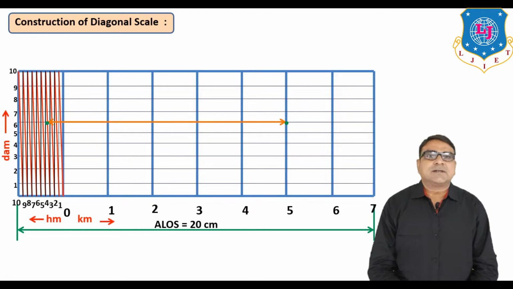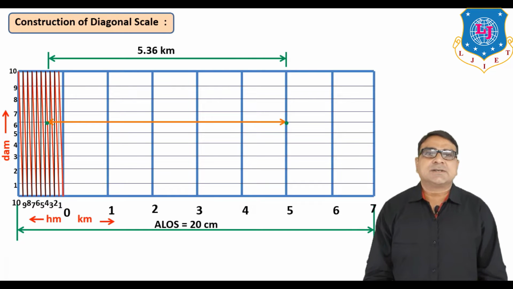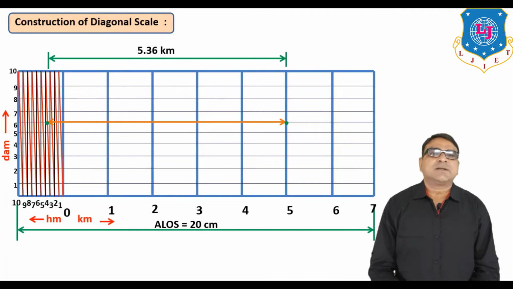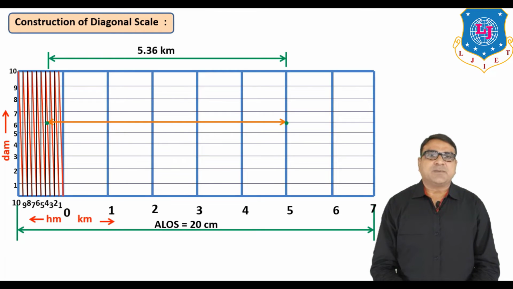So you can insert an arrow like this and represent the dimension line and insert the measurement 5.36 kilometer. So this is a diagonal scale which can represent a minimum measurement of 0.01 kilometer, meaning 1 decameter, to 8 kilometers, which is the maximum measurement of the scale.